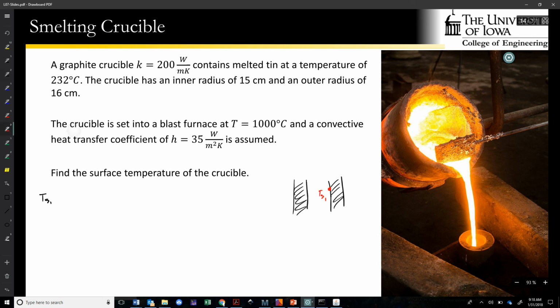TS1 is equal to 232 degrees Celsius, or 505 Kelvin. And then on the outside, it's set into a blast furnace that's spitting superheated air past at 1,000 degrees Celsius. So we've got T infinity of air rushing by this.